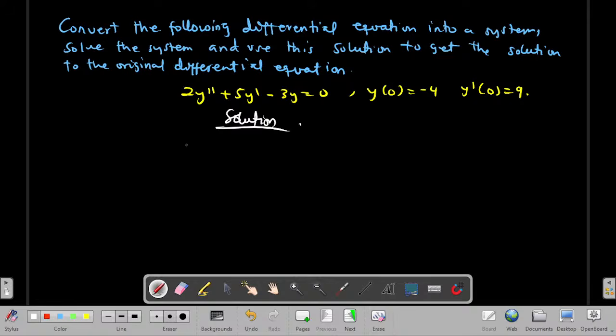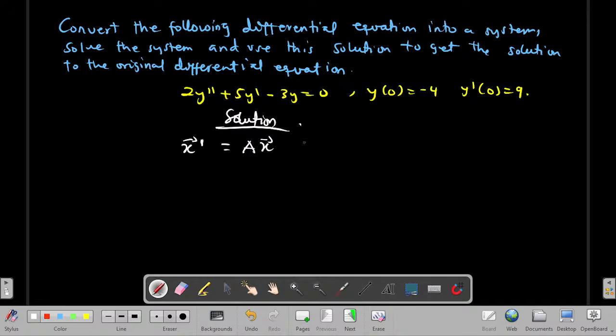For every system of differential equations, which is a system of first order differential equations stemming from a higher order, it's given in the form of a vector x prime. So this is a set of first derivatives, which is equal to a certain coefficient matrix multiplying the undifferentiated form of the x, right? So this is actually what we want to achieve. This kind of simple equation here, right?